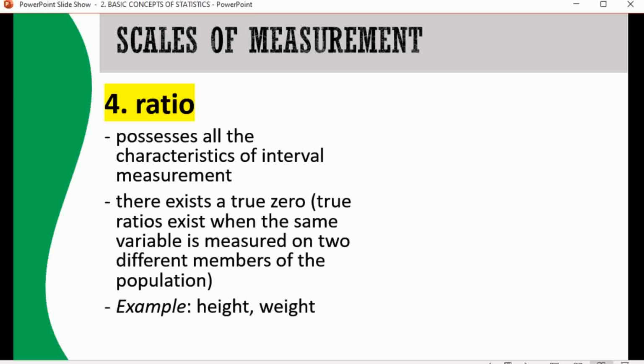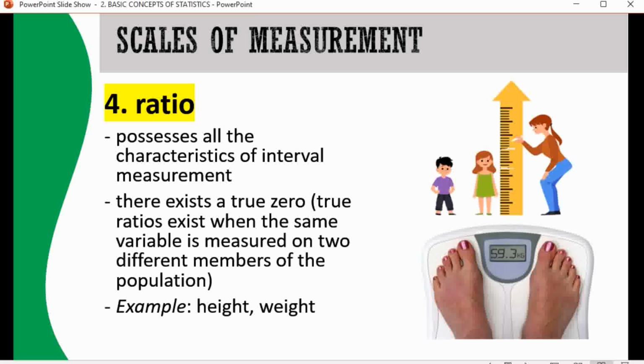Example, height, weight. Now, how do we differentiate these two, interval and ratio, in terms of the usage of 0? 0 in real description is that there is an absence of something. So if it's 0, then there is none.